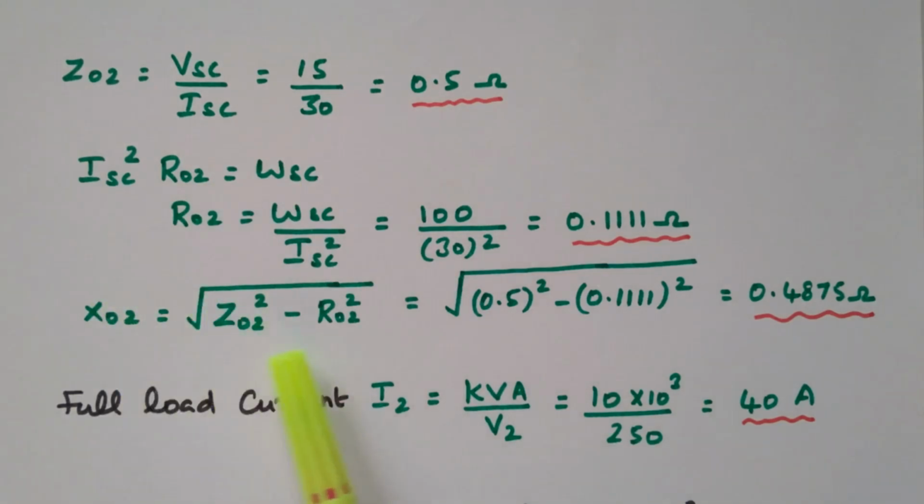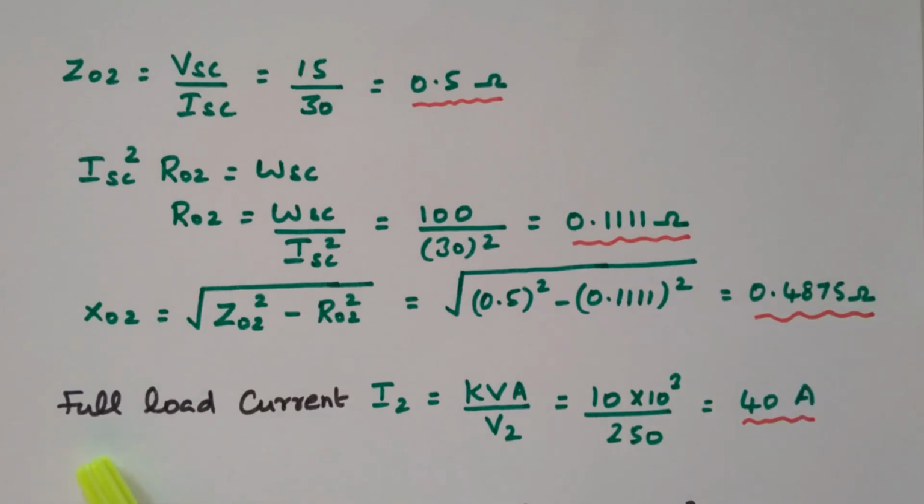By using Z02 and R02 we can find the reactance X02. So X02 equals the square root of Z02 square minus R02 square, that is the square root of 0.5 square minus 0.111 square. So the value is 0.4875 ohm.